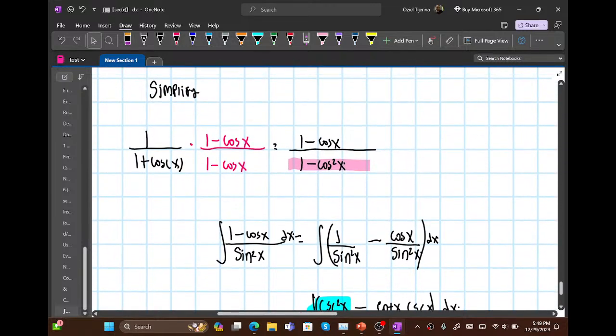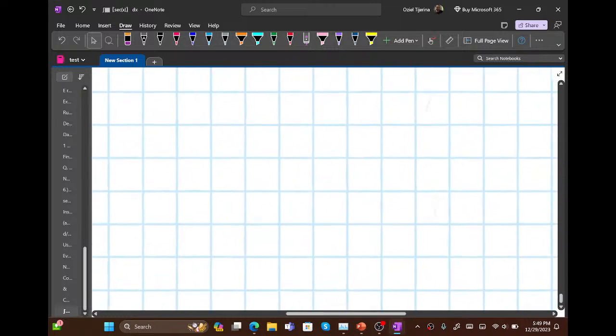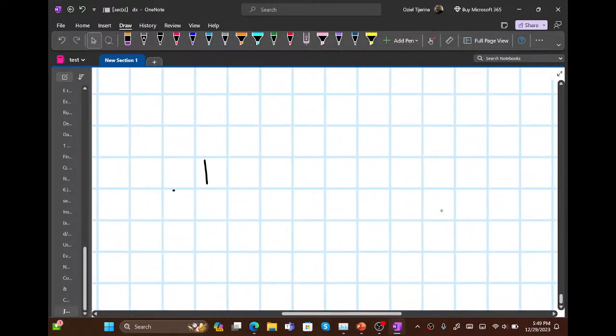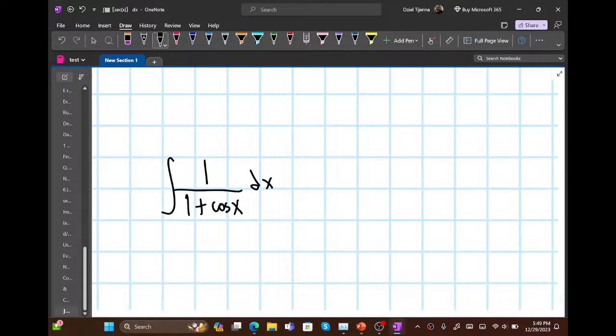When I do 1 over 1 plus cosine x, the integral. Let's see here. Yeah, I think that's where you're getting that tan of theta over 2 from.